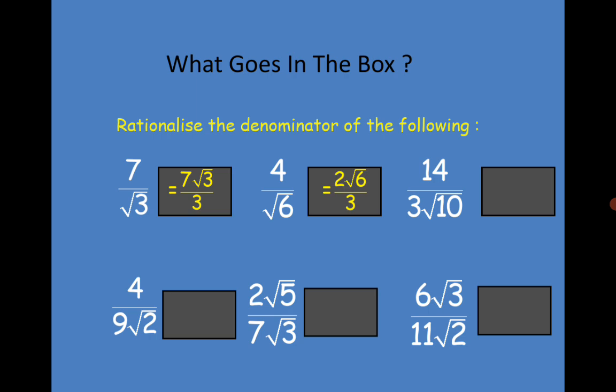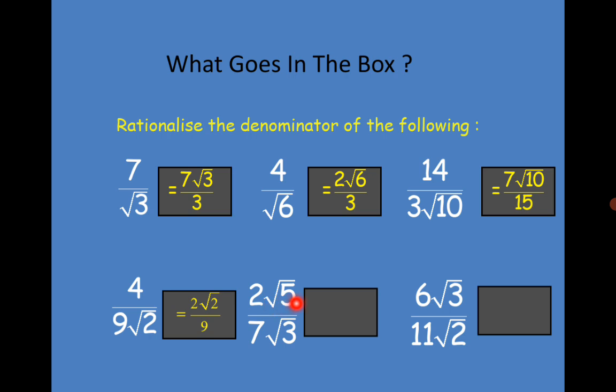4 root 6 is going to be 2 root 6 over 3. Convince yourself that this is what you obtained by showing the steps that bring you here. 14 root 10 is 7 root 10 over 15. 4 over 9 root 2 is 2 root 2 over 9.